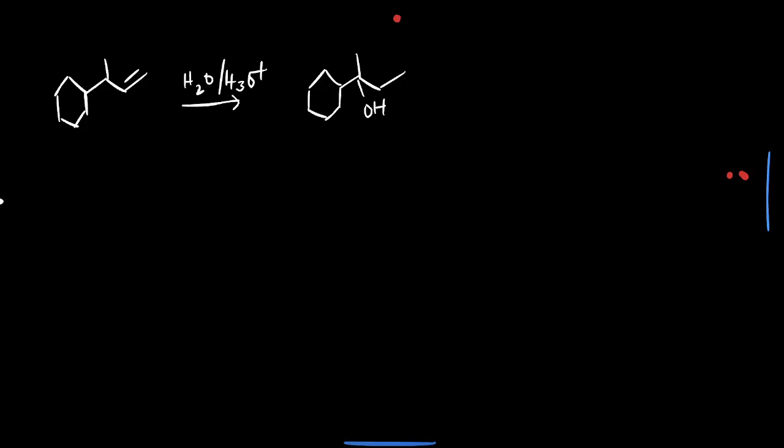We'll see why again when we look at more depth in the mechanism itself, but for now, just know that if we want to attach a hydroxyl group and we can't do any carbocation rearrangements, right, then we would want to do oxymercuration. So if we want to use the same alkene here and form a product that looks something like this, right, where our OH is on this carbon, we can't do acid-catalyzed hydration because a hydride shift would happen, and so we would end up forming this product.